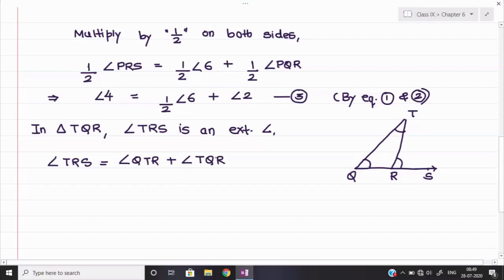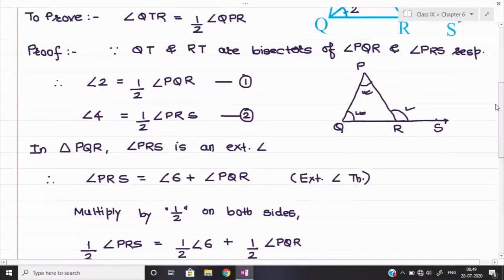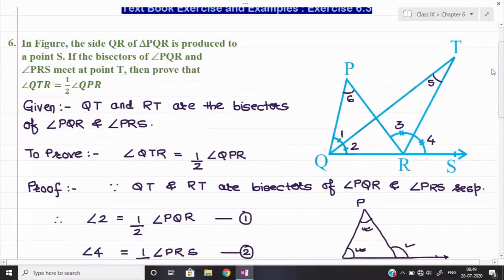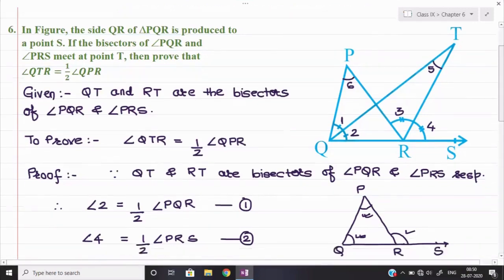Okay, now look at the angle TRS in the question. Angle TRS, look at carefully. Angle TRS is actually angle number 4 and angle QTR is angle number 5. And in a similar way, look at the angle TQR. TQR is angle number 2. Okay, once again, angle TRS is angle number 4, QTR is angle number 5 and TQR is angle number 2.